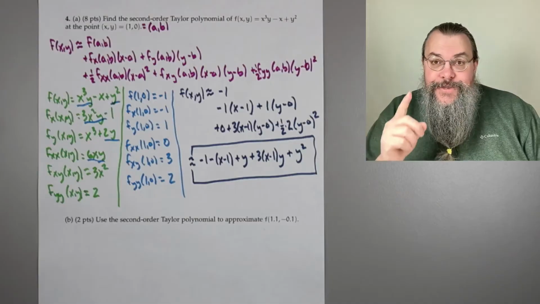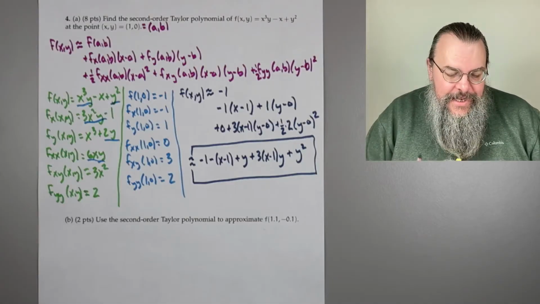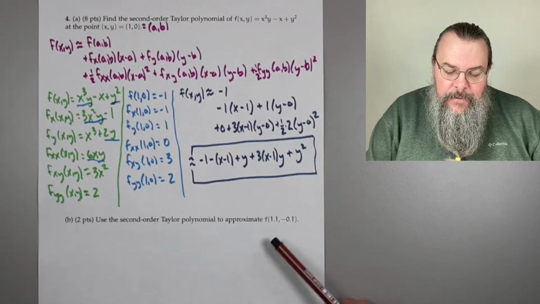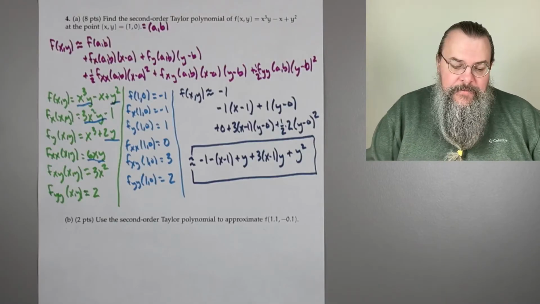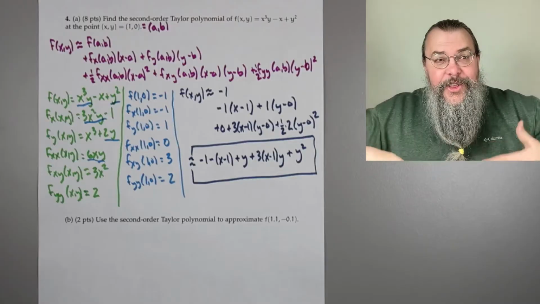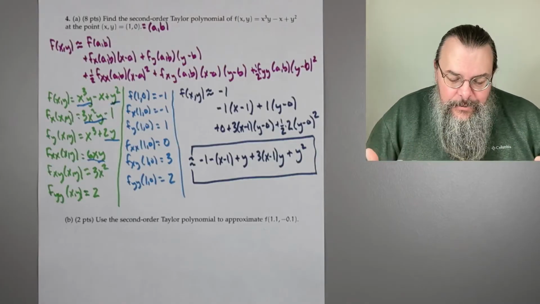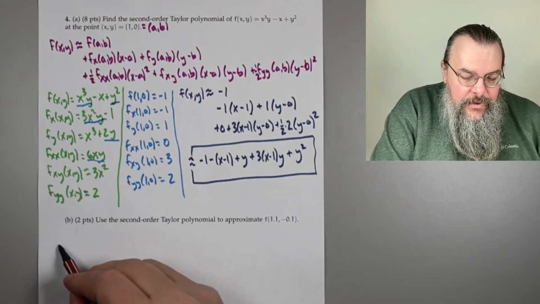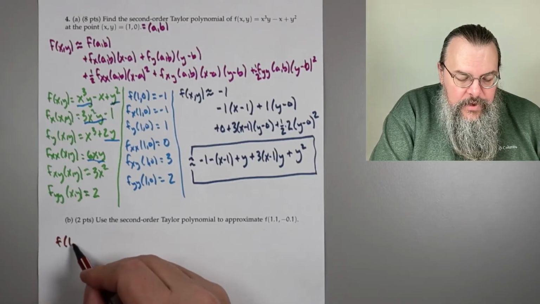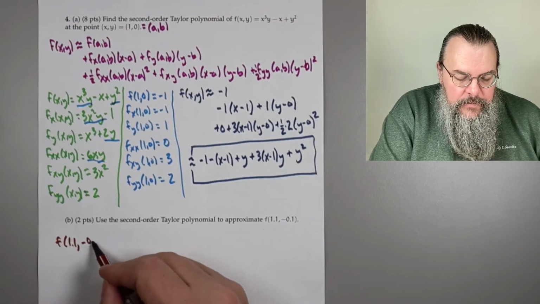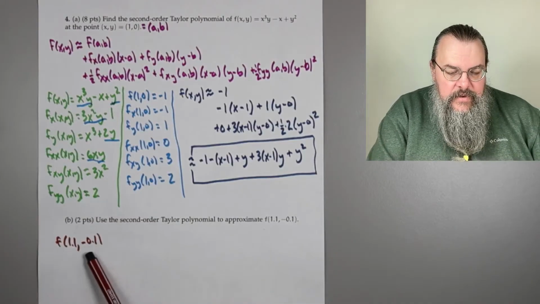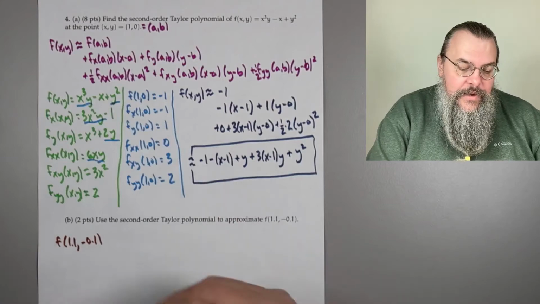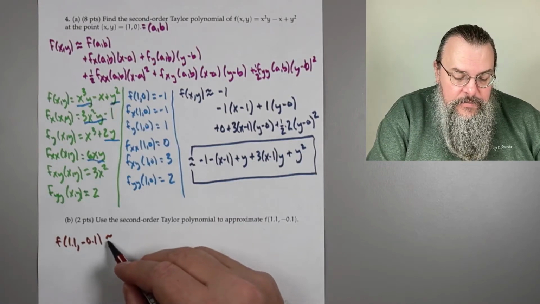Okay, use our application, the second order Taylor polynomial, to approximate f of 1.1, negative 0.1. We've done all the hard work in part A. What's left? Well, we're plugging in. The key here is that 1.1, negative 0.1 is close to 1, 0, so that's why this is a reasonable approximation.